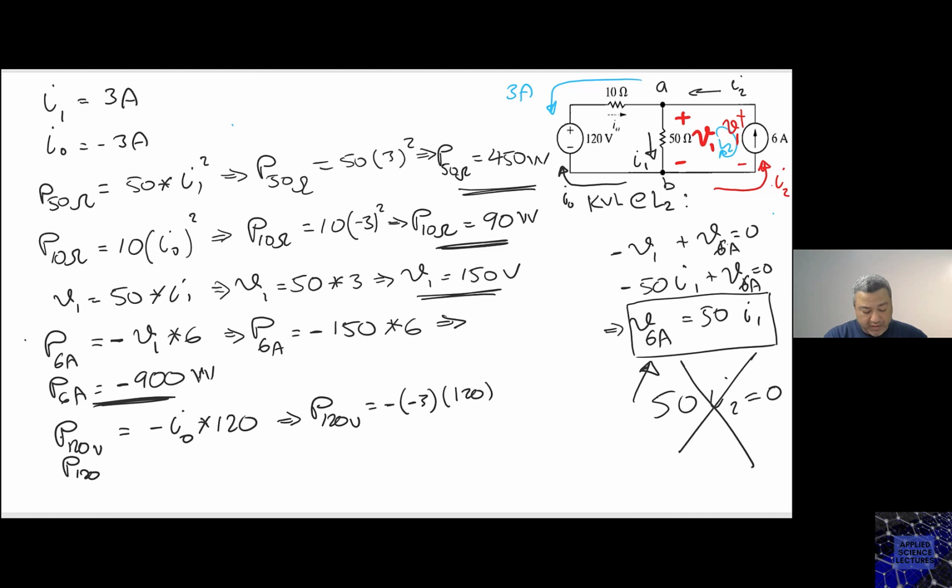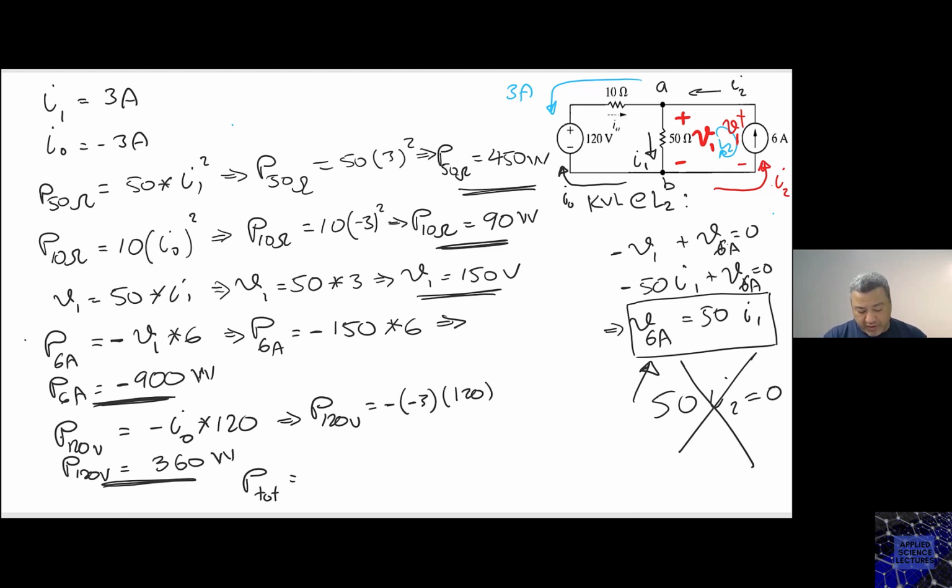So in this case, I have 360 watts. So this 120 volt was indeed absorbing power, was not supplying power. So let's add them. You should get zero. If you take the total power and add the supplied and the absorbed, you should get zero.